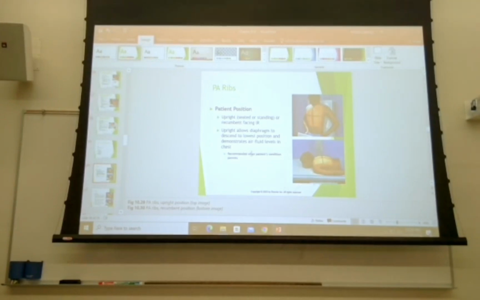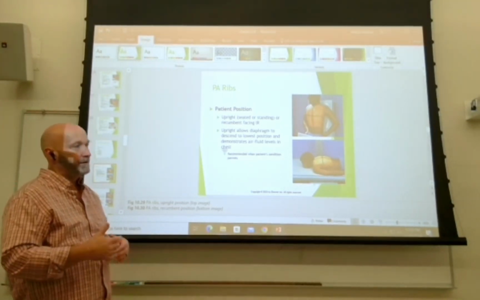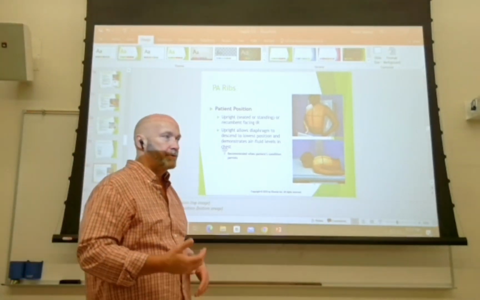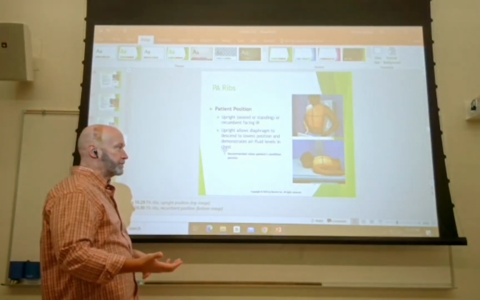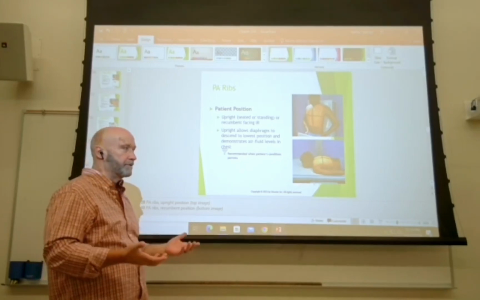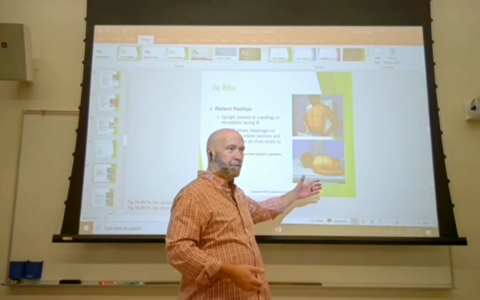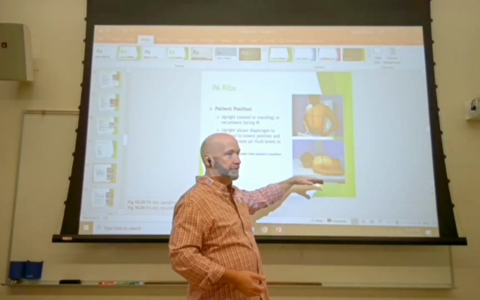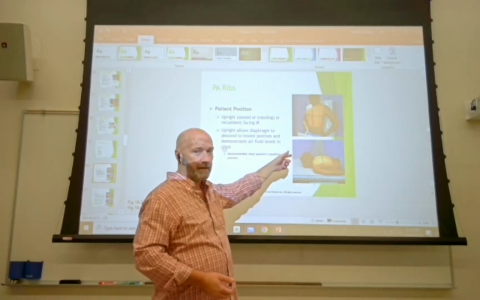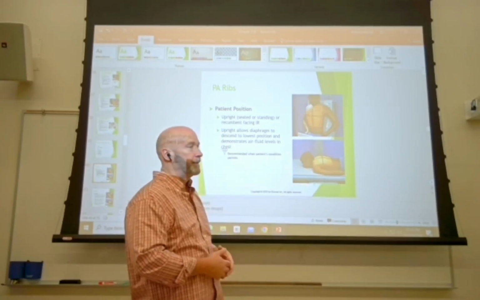So with your PA ribs, again, you can shoot it with the patient upright or lying down. Whatever position the patient comes to you in, that's the position you want to shoot. So body position wise, either up or lying down. If you've got a patient with potential anterior rib fractures, I really recommend you try and get them upright.